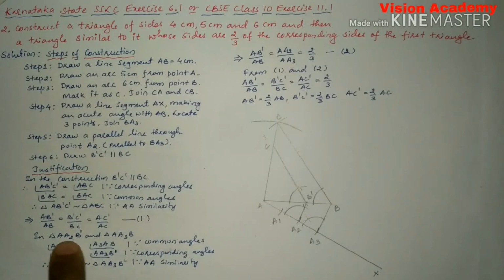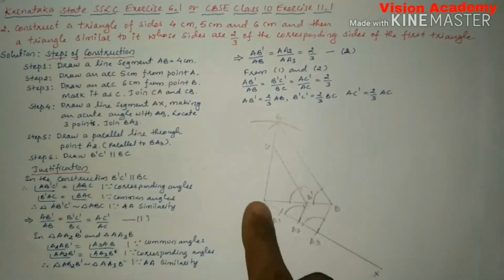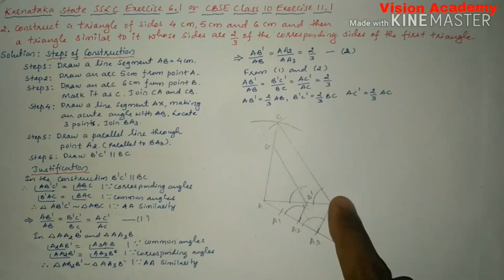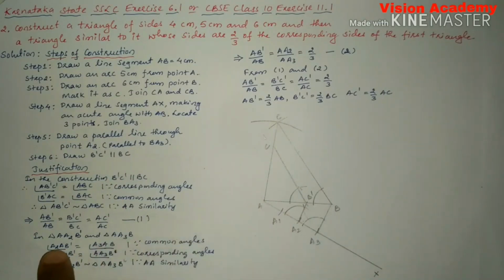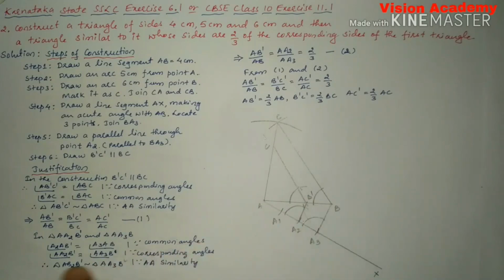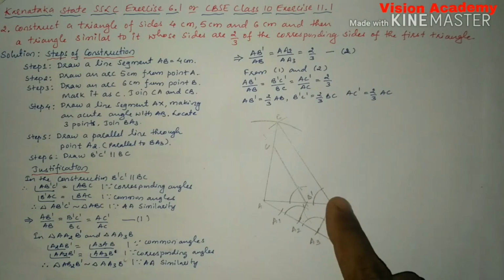In triangle AA2B dash and triangle AA3B, angle A2AB dash is equal to A3AB, because they are the common angles. Angle AA2B dash is equal to AA3B, because they are the corresponding angles.